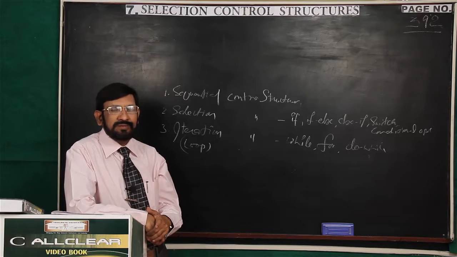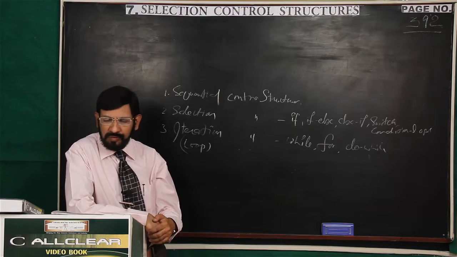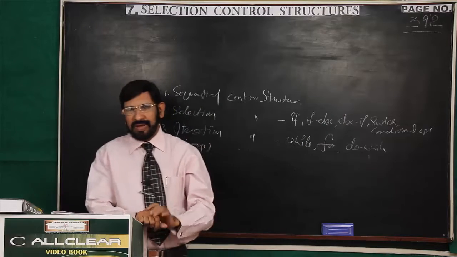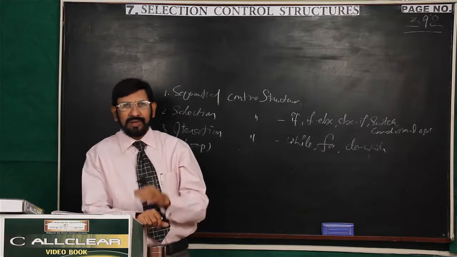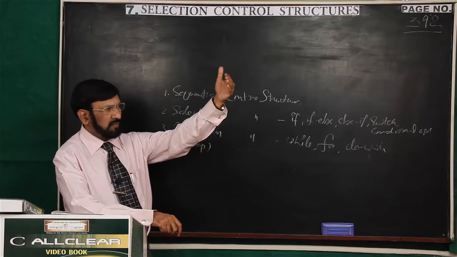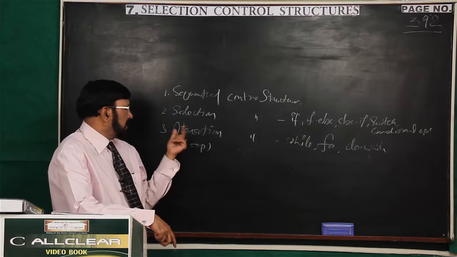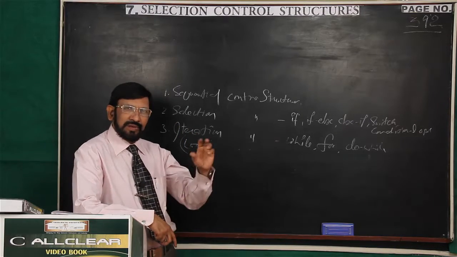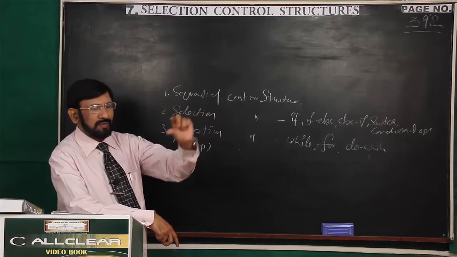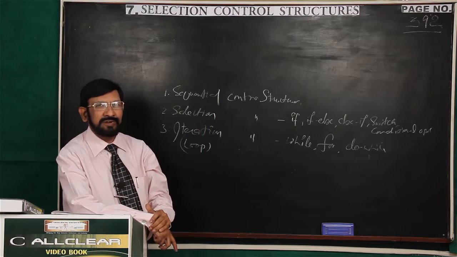Actually, you must understand what the flow of control is. Flow of control means the order of execution of statements. These statements change the order. What is the default order? The default order is sequential. Then the selection and iteration control structures change the order of execution. If one condition is true, one set of statements is executed. If the condition is false, another set of statements is executed.